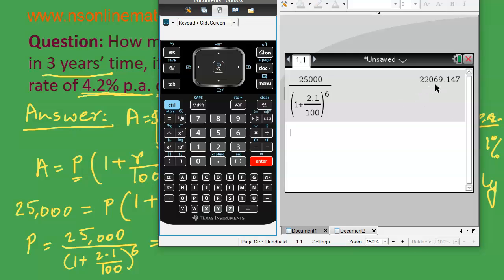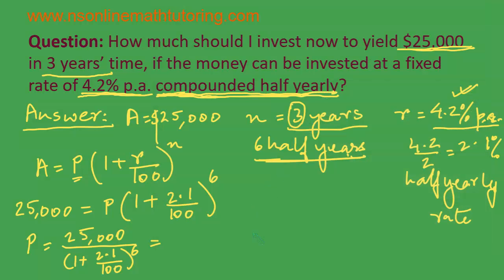22069.147. So I can take 22069.15. It is $22,069.15. So this is our answer.